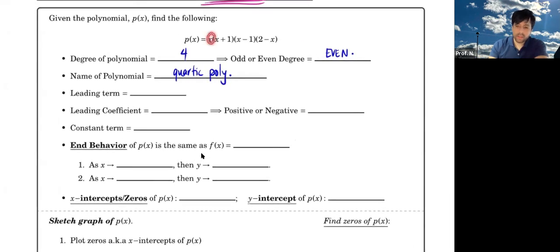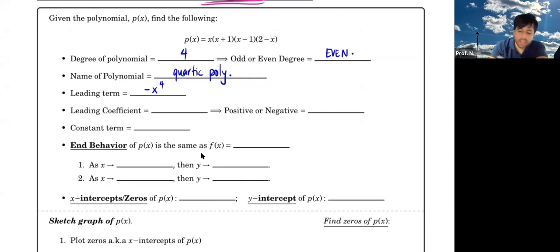There's an x, there's an x, there's an x, but there's a negative x. So when you multiply x, x, x, and negative x, exactly, very good, you get negative x to the 4th. It's going to be negative. So you have to be careful with that. It's negative because we have one of those being negative x's, and when we multiply them, you get negative.